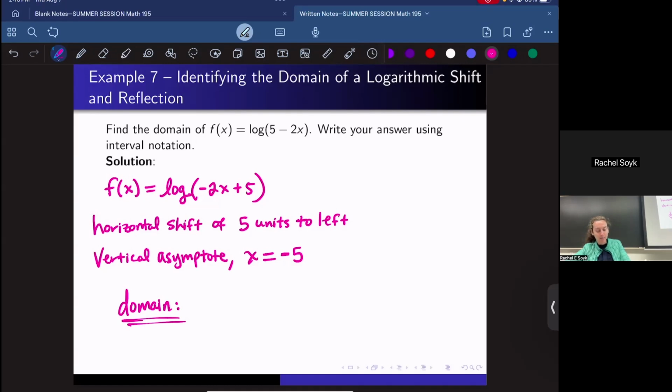Wait. Yeah, it is because it's negated. Good. Negative infinity to -5. And then including -5 or not? No. Good.